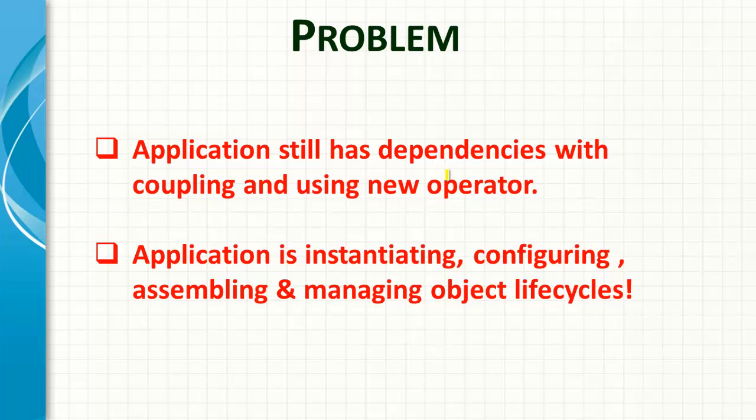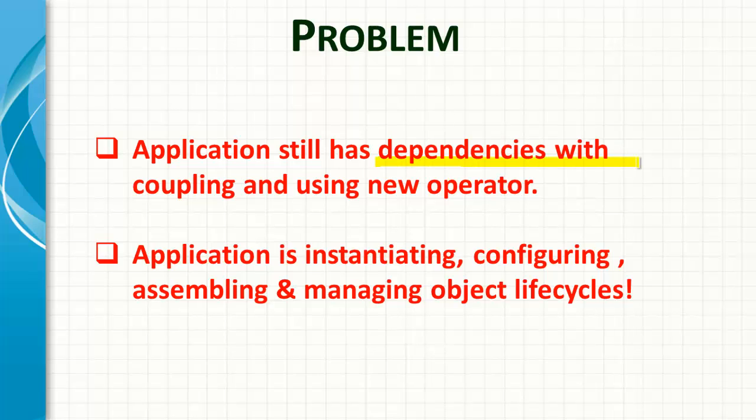So you still have a dependency, although it is loose coupling and you are still using new operators. Apart from that, your code is managing the beans, doing the instantiation, the configuration, and the assembly. You're writing pure Java code to do all these things.